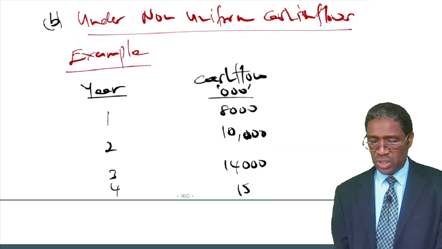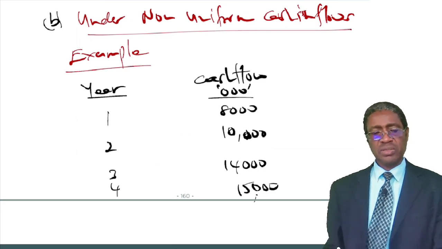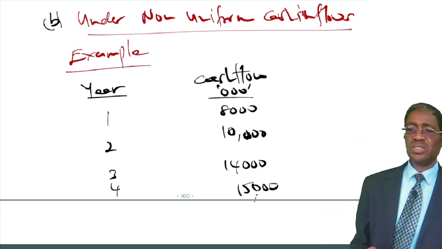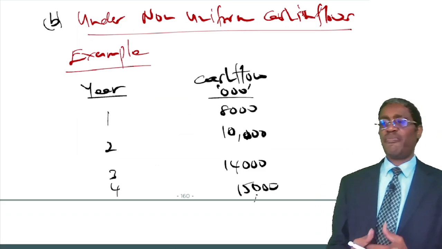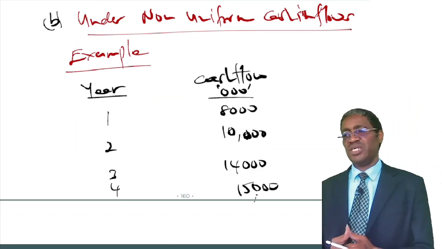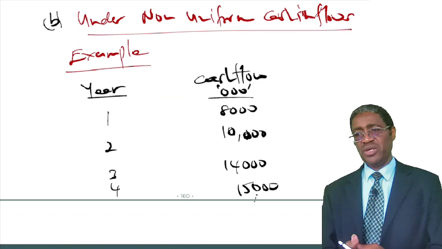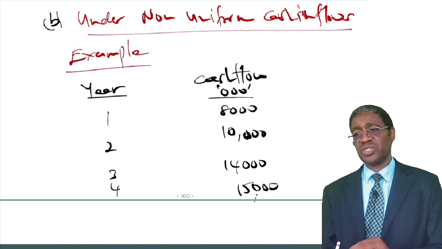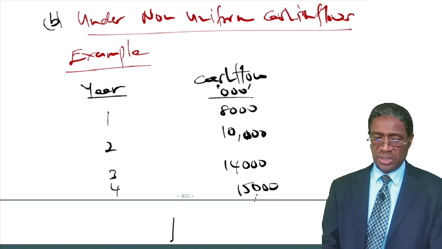Year 4, the cash flow is 15 million. Then write below: determine the payback period.